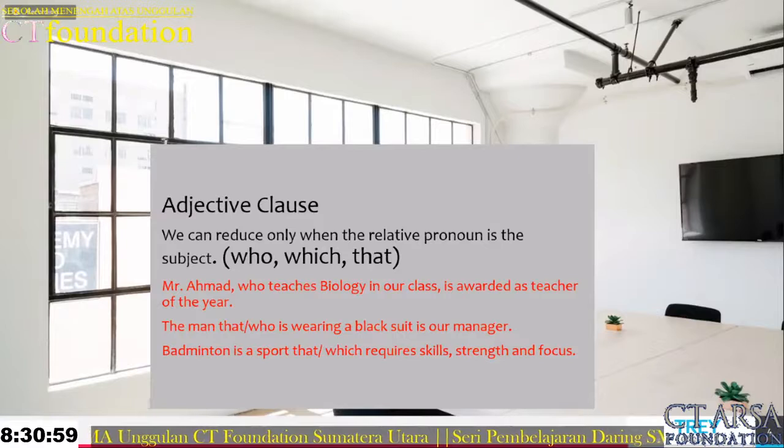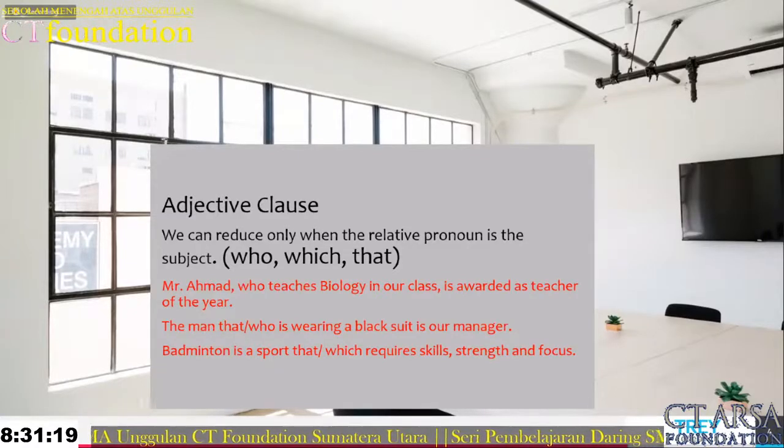One can be replacing an object, one can be replacing a subject, replacing possessive, and then replacing a subject and object, and then used for things and used for person.